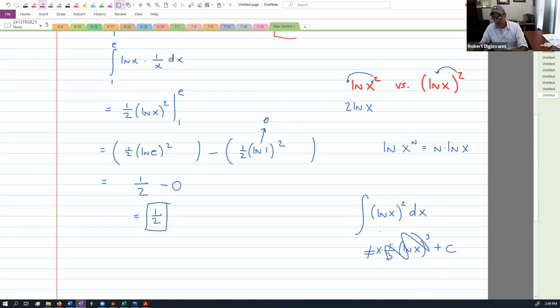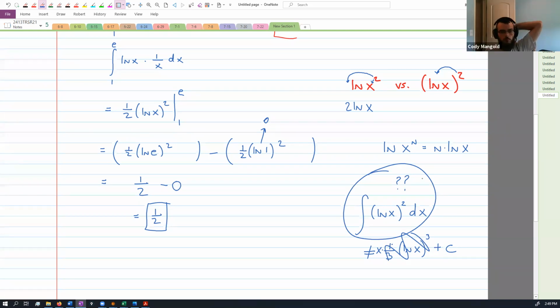So this, I would say, is an open question. That's not something we can do at this point. We, as in us in this class right now, just haven't learned how yet. We don't have a method for that yet. In fact, I'm not even sure that it can be done with all the methods. I thought it looked so simple, but it's much more complicated than I originally thought.